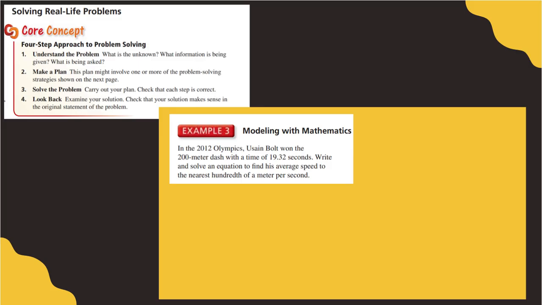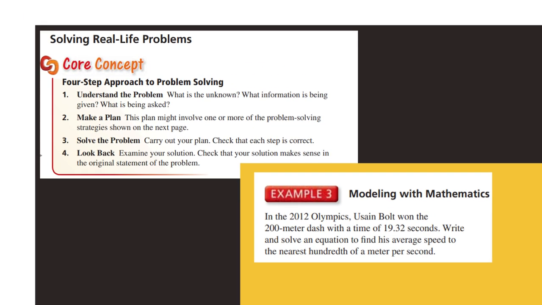Okay, example 3, modeling with mathematics. So there is a different 4-step approach to solving problems. 1, understand the problem. What is the unknown? What information is being given and what is being asked? 2, make a plan. This plan might involve one or more of the problem-solving strategies shown.